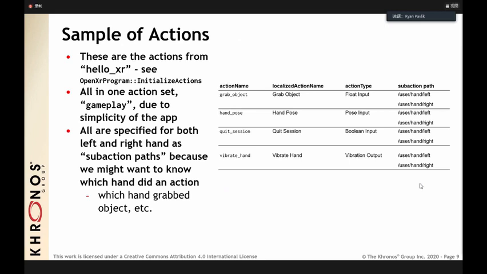The four actions in Hello XR represent a variety of action types. We have grab object, which is a float input, hand pose, which is a pose input, quit session, which is a Boolean input, and vibrate hand, which is a haptic vibration output.